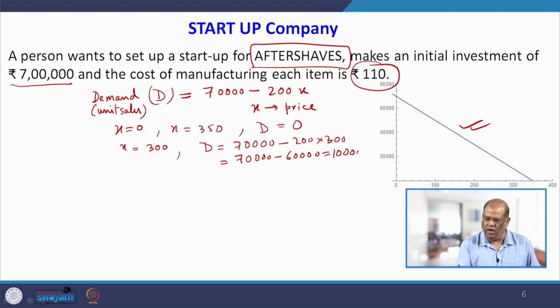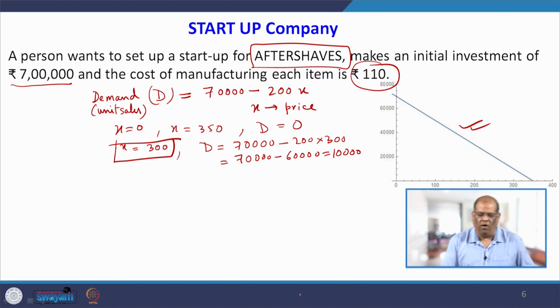So, you have a demand for 10,000, but I cannot just decide this value just like that. So, I have to use some mathematical modeling to get an approximate idea. What is that optimal value? What is that value of x that I should put here so that my company can make the profit? So, this is how it will work.